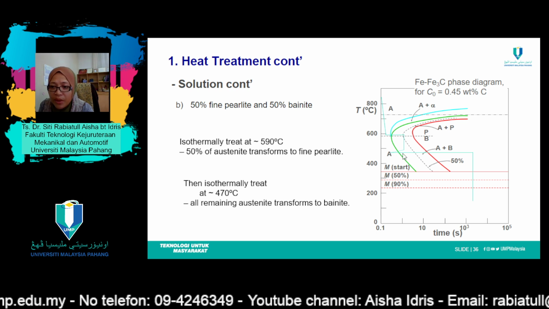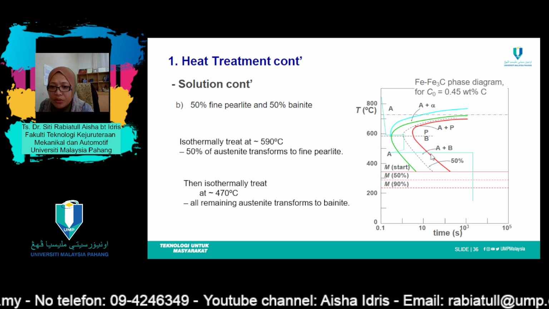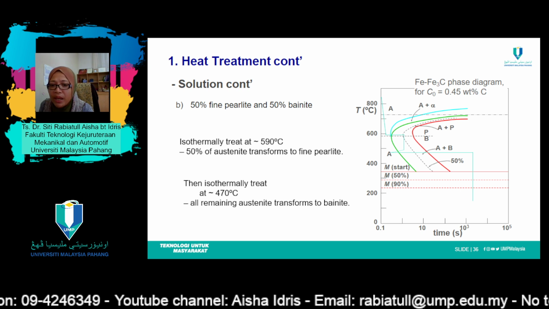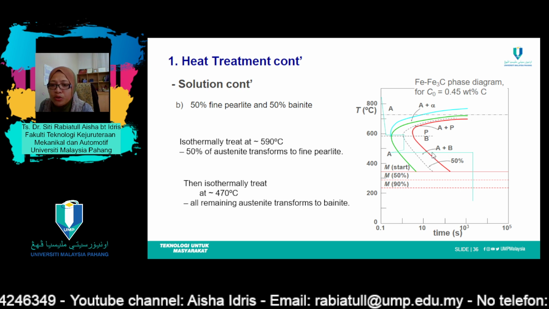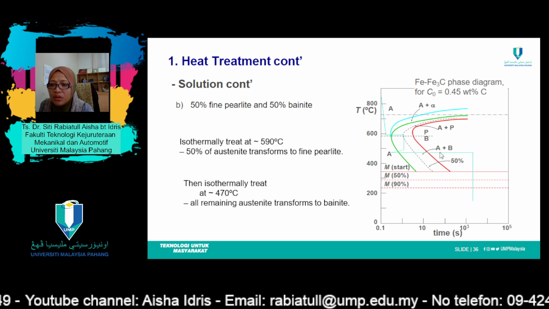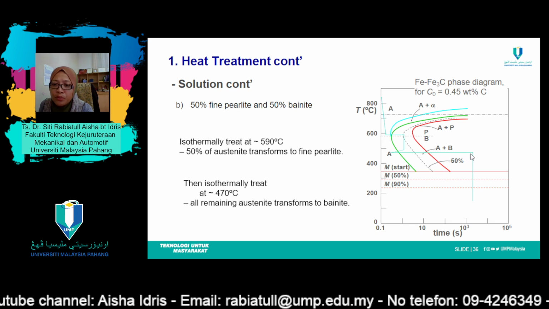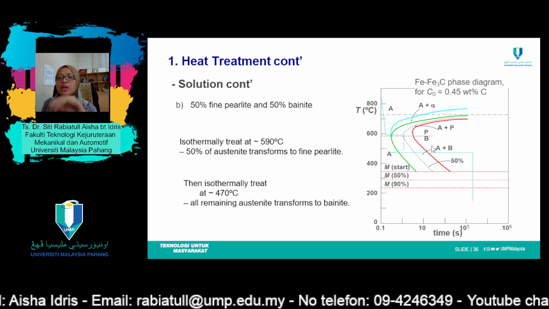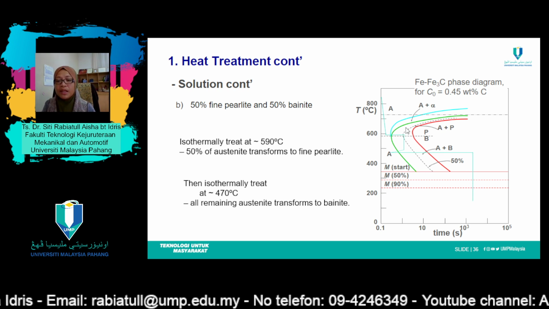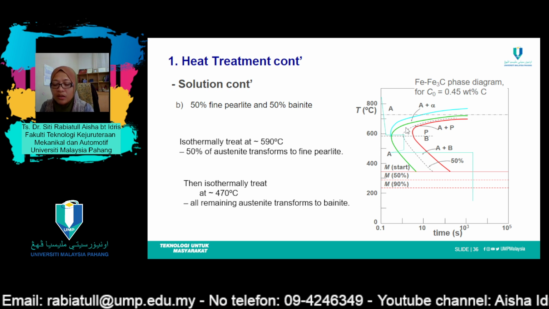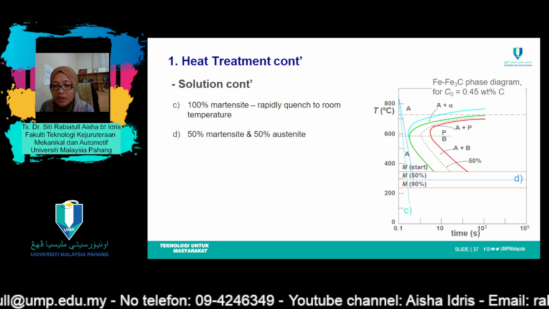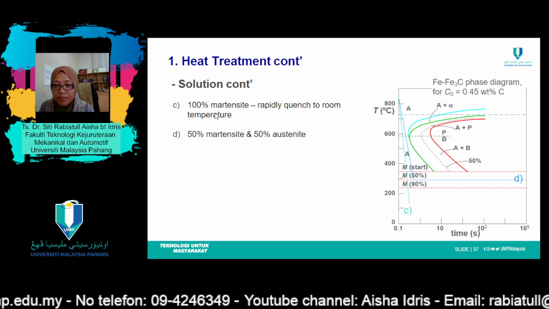Hold it at that temperature until the remaining austenite transforms into bainite. So you reach this point, then cool it down to room temperature. So that's how you draw the line on this TTT diagram.